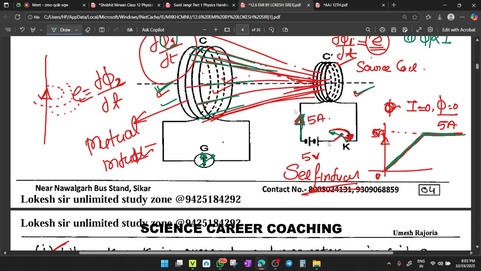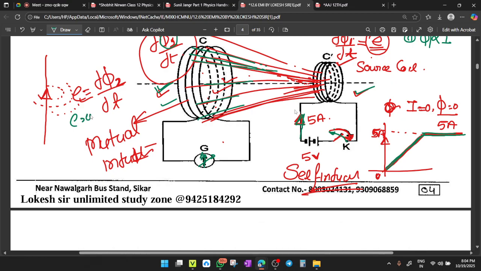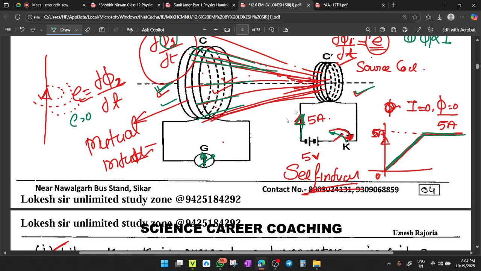When you keep the key on continuously, there is no flux change, so the EMF becomes zero. Now, third case, when you open the key, means switch off. Then what will happen? There will be deflection, but why?